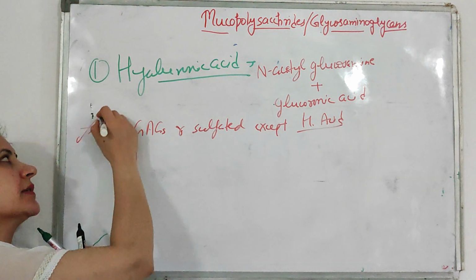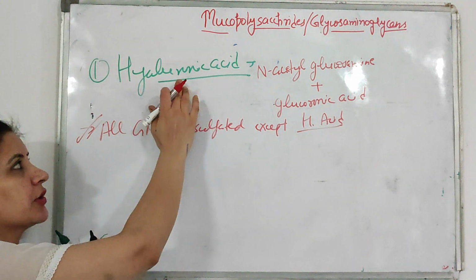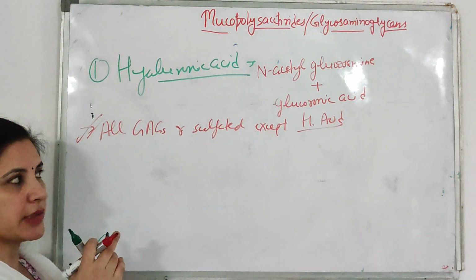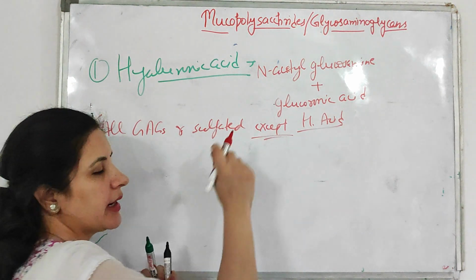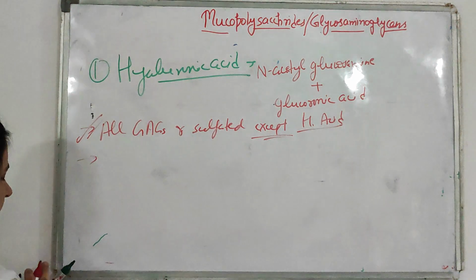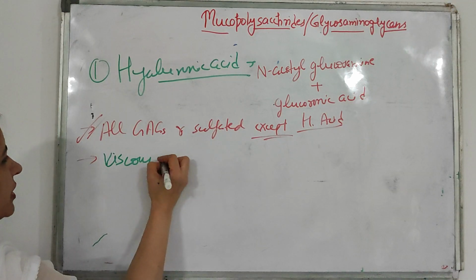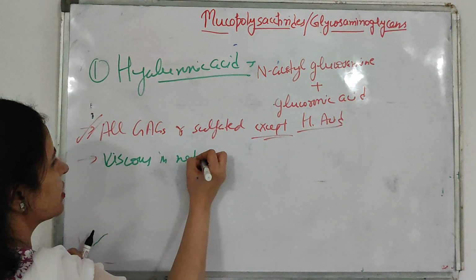A question can be asked in an MCQ: which of the following GAGs is not sulfated? The answer should be hyaluronic acid. This is the exception: hyaluronic acid is not sulfated. The second thing is its function. It is viscous in nature, as all GAGs are viscous in nature.